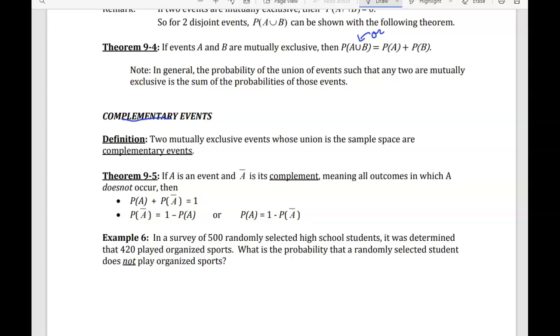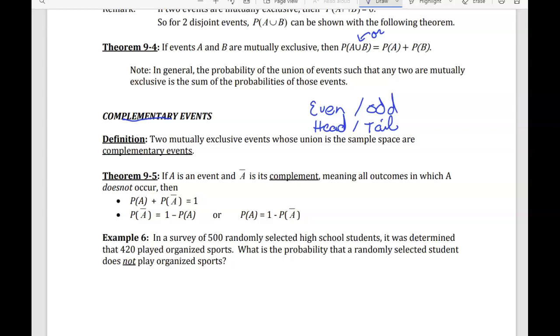Two mutually exclusive events whose union is the sample space are complementary, such as even or odd, head or tail. These are complements of each other. You're in one or the other type of situation. These would exhaust the entire sample space.